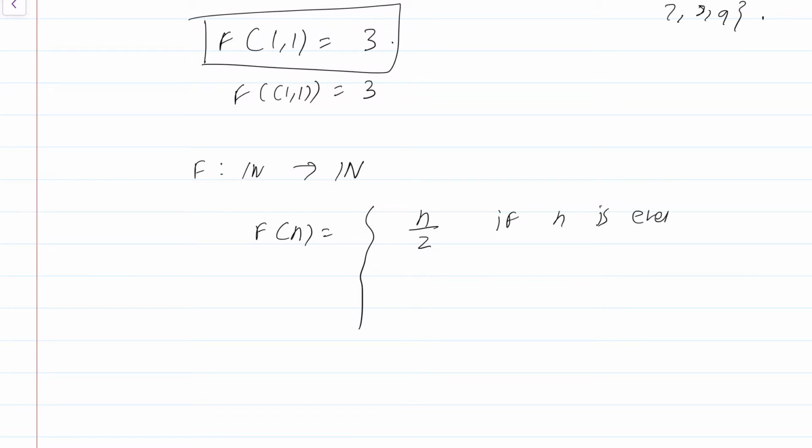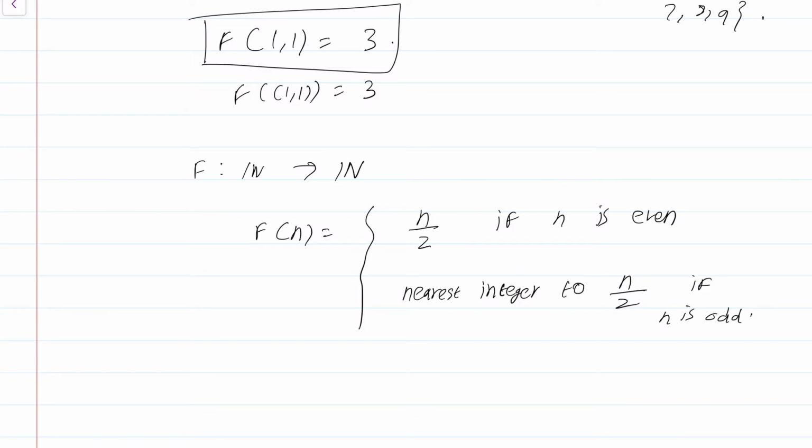Then you put nearest integer to n by 2 if n is odd. Now this is an English description, but it's ambiguous because whenever you divide an odd number by 2, let's say 3 by 2, you get 1.5. Which is the nearest integer, 1 or 2?